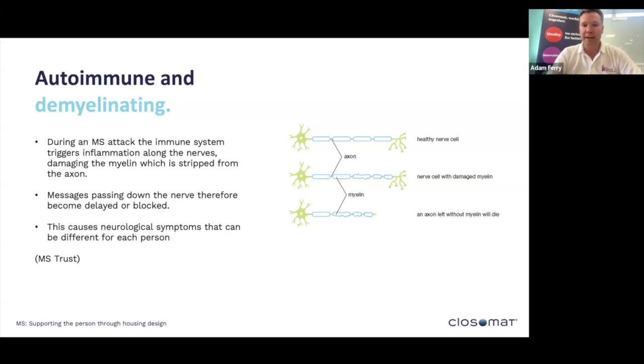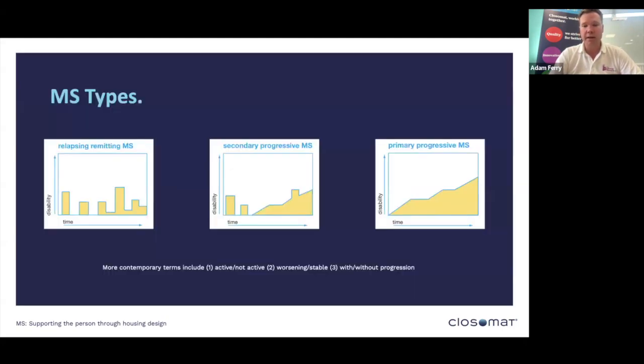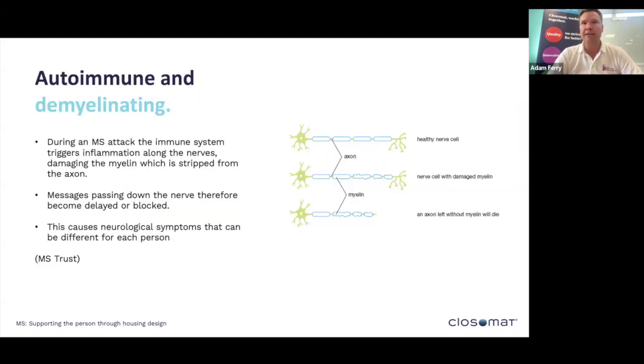The reason I've put that in is, even though we're not focusing on diagnoses and we're not necessarily, as occupational therapists, focusing on the core biological or anatomical science behind it, if we don't have a reasonable understanding of the condition, then our ability to provide a robust evidence base and clinically reasoned recommendations becomes impaired, I think.